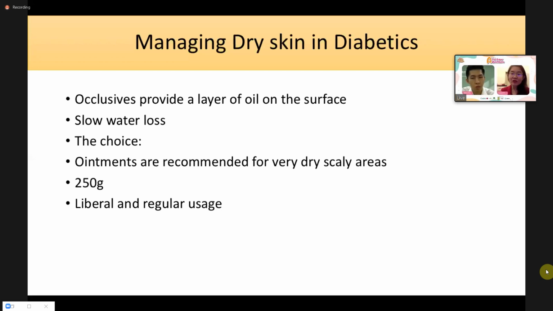If it is too watery, like a lotion, and you apply a lot of lotion, it evaporates very fast, so you have to use something which is occlusive, a bit oily, okay, to prevent the water loss. So you can choose an ointment, recommended for very dry, scaly areas. The amount can be up to 250 grams, which is quite a big amount, and you have to use it liberally and regularly.